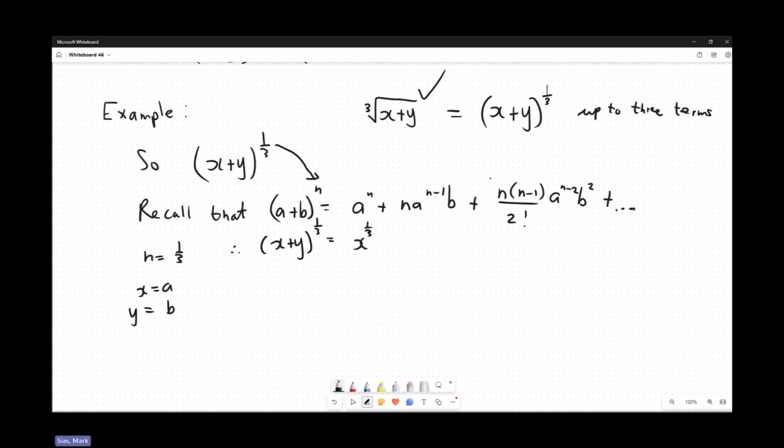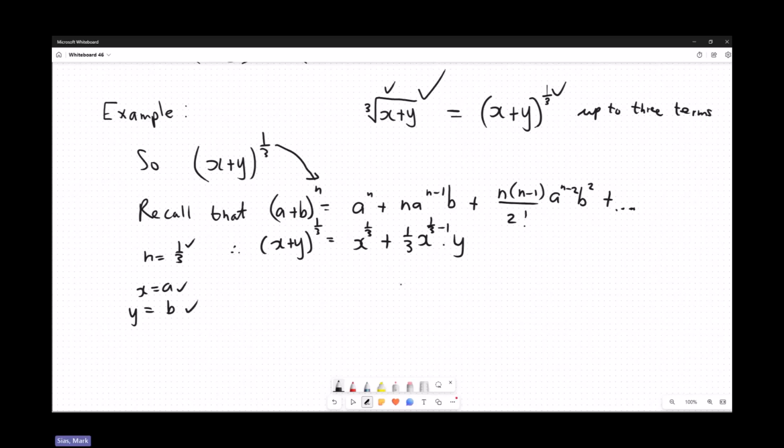I wrote the cube root into exponential form, which makes it easier. So a is equal to x, n is a third, and it's x^(1/3 - 1), and our b happens to be y.